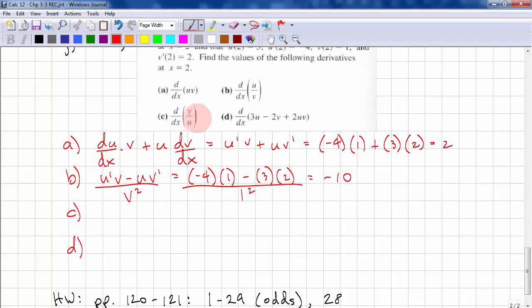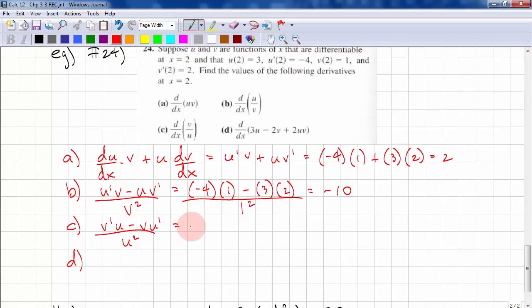C, now we're taking the derivative of v over u. So we just reverse this. V prime u minus vu prime over u squared.